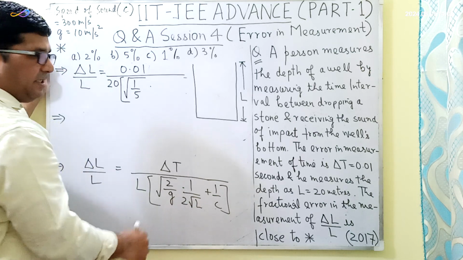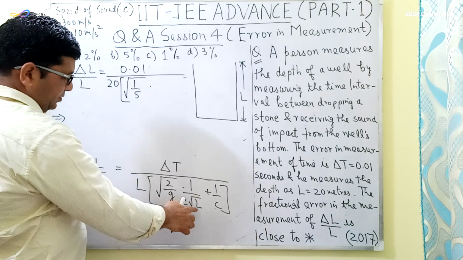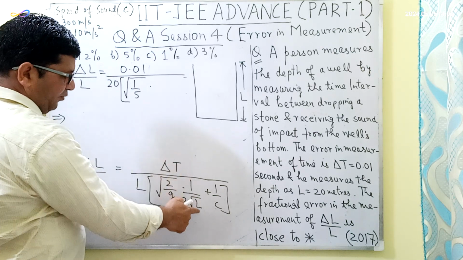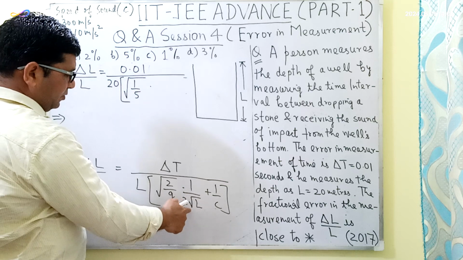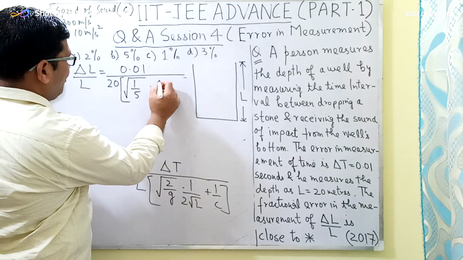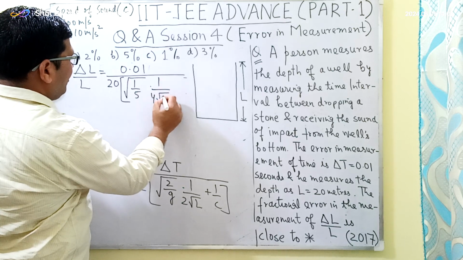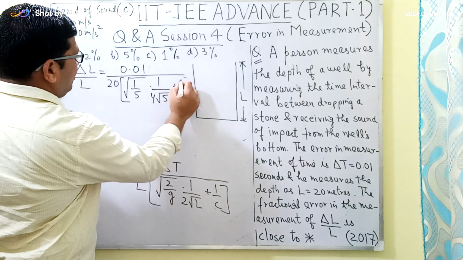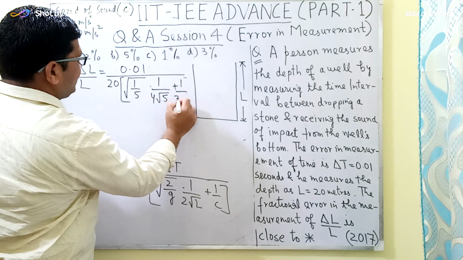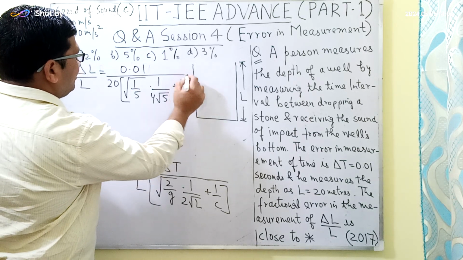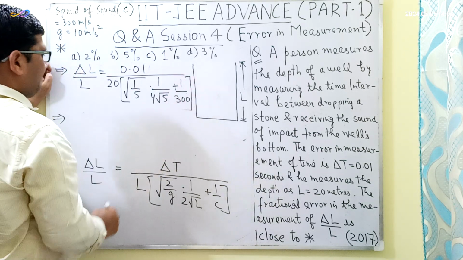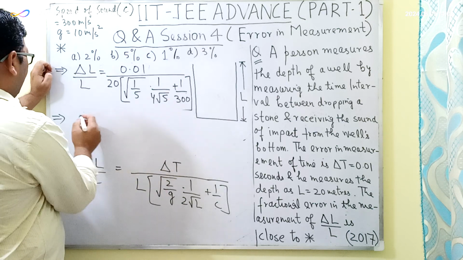So 20 can be written as 5 into 4. The under root of 4 is 2, so 2 into 2 will be equal to 4, and I will be getting 4 under root 5 plus 1 upon C. The value of C is given as 300 meter per second.